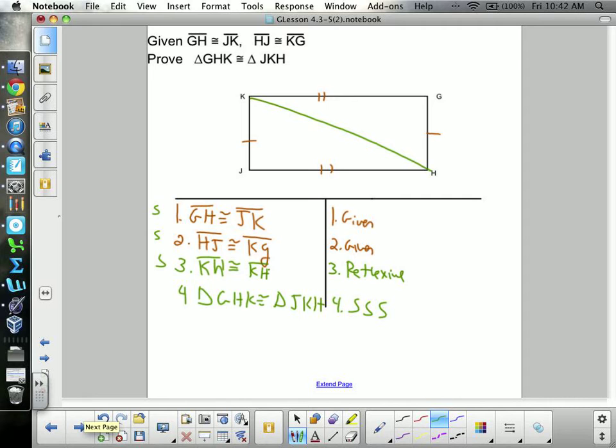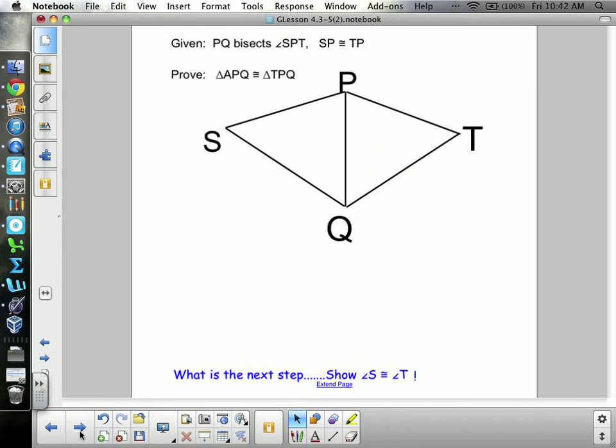Triangle GKH. Triangle. Okay. So again, not too tough, but it required us to take a little bit of a different tactic.